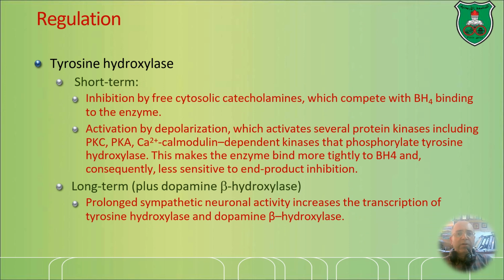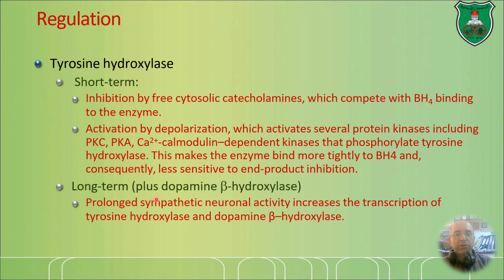And regarding regulation, we said the first reaction, which is tyrosine catalyzed by tyrosine hydroxylase, is the rate limiting reaction, because this enzyme is regulated, short term and long term.